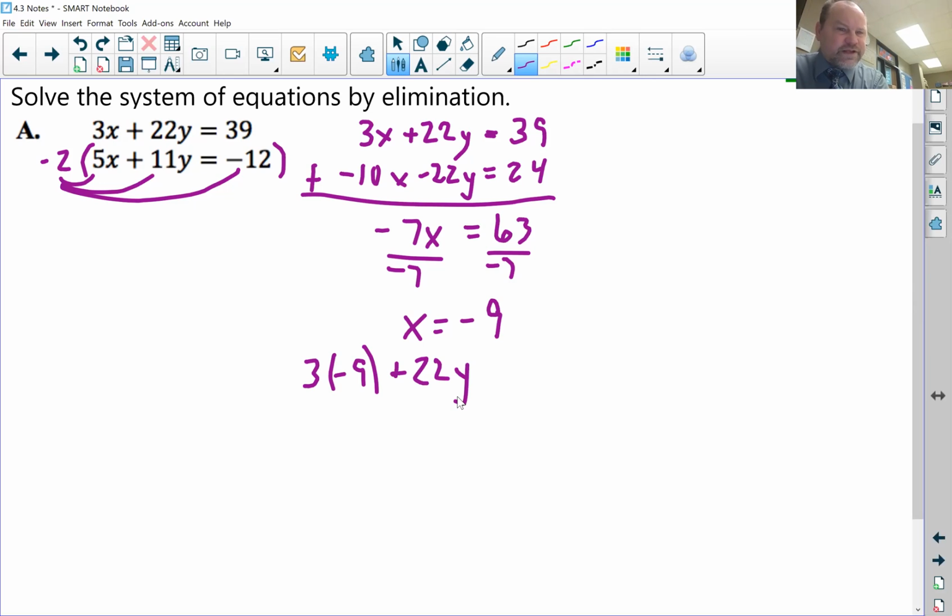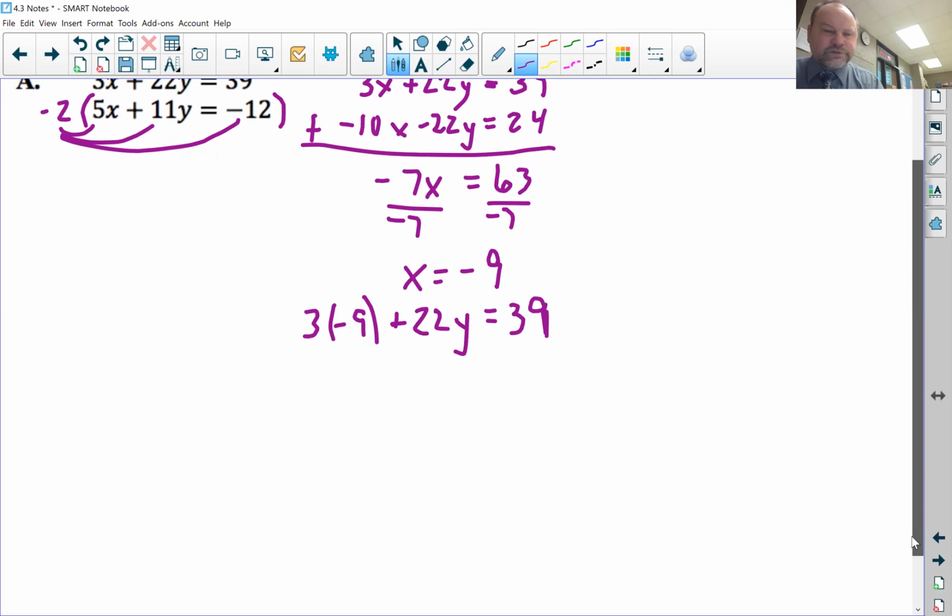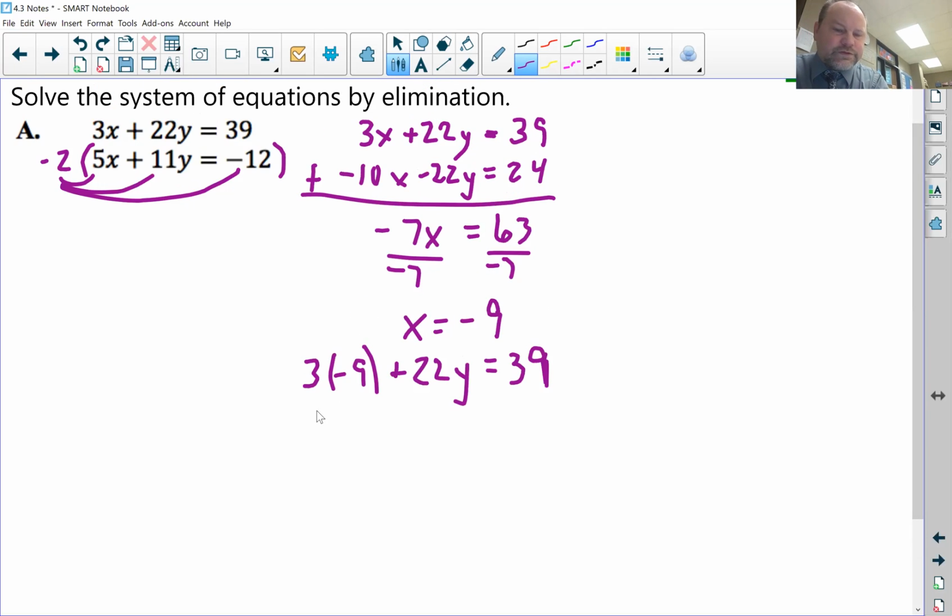So 3 times negative 9 plus 22y equals 39. So negative 27 plus 22y equals 39.